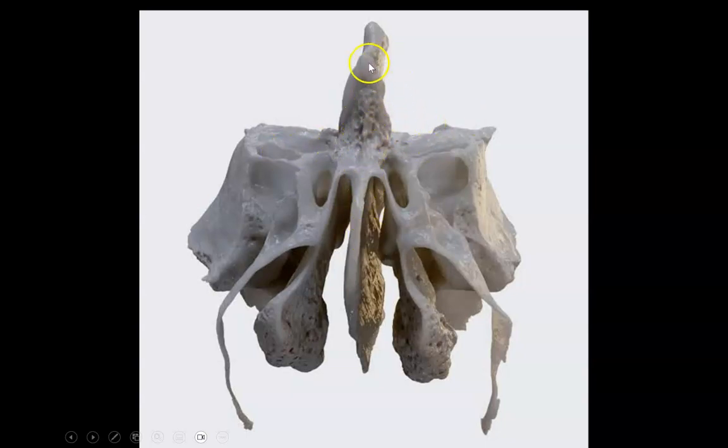The upper part of the vertical plate is the crista galli, and this is a participating part of the nasal septum, and it carries here the superior and middle turbinates, which are parts of the ethmoid bone, and very laterally we have the lateral wall of the ethmoid sinus, which is the medial wall of the orbit, and it is called the lamina papyracea, a very thin bone.